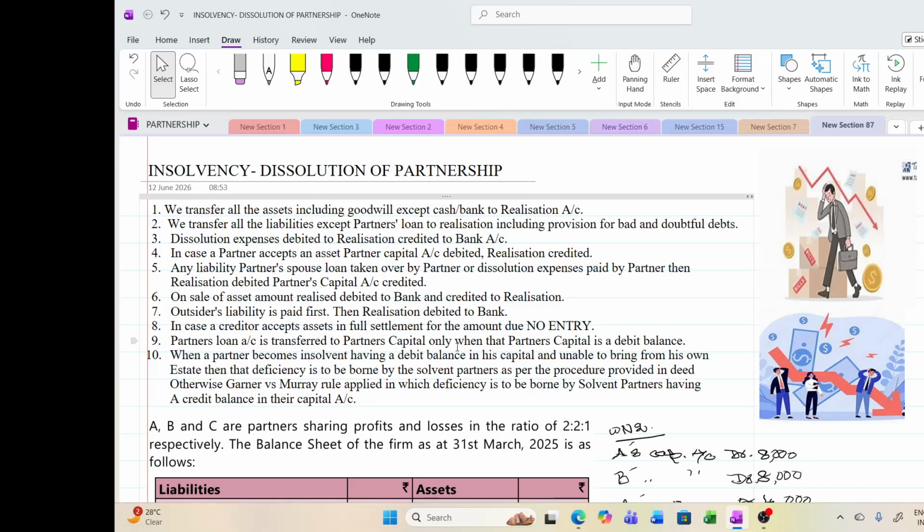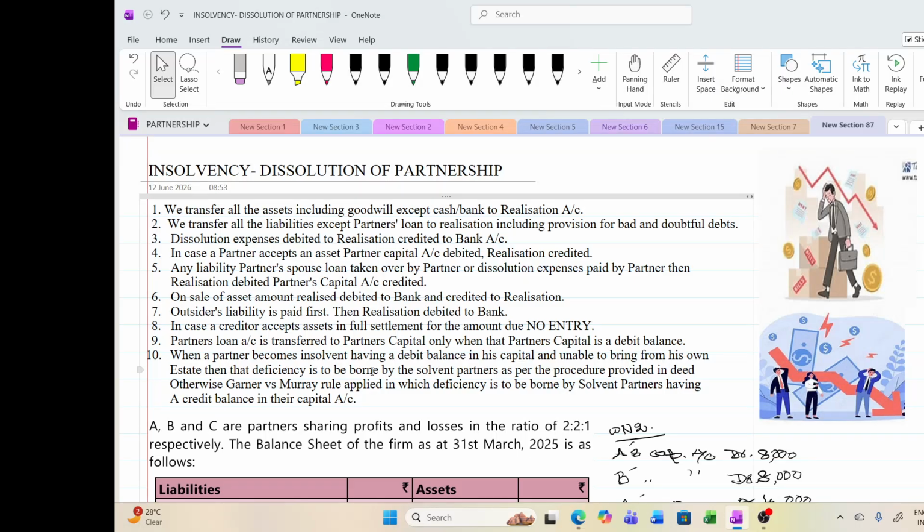A separate account will get opened, and in case your partner is having a debit balance, then the partner's loan account will get transferred to the capital account. Otherwise, we have to keep a separate account.